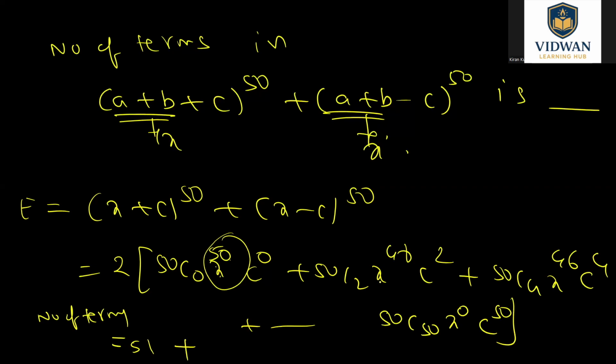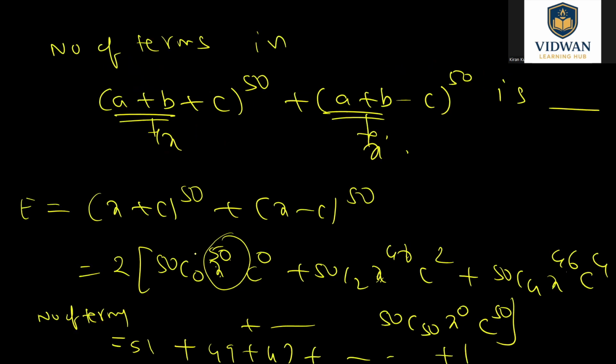Plus, then x power 48 will have how many terms? It's a plus b power 48, which will have 49 terms. Into c square will not change the number of terms. X power 46 is a plus b power 46, which will give 47 terms. Like this, the last one, x power 0 will be 1. So all odd numbers from 1 to 51. You write in reverse order.